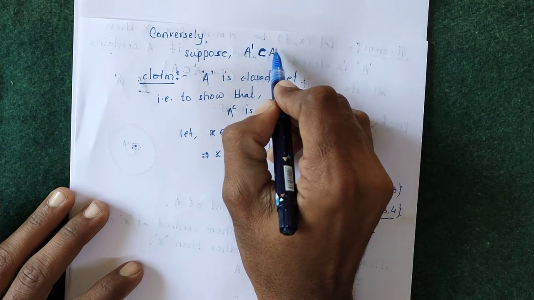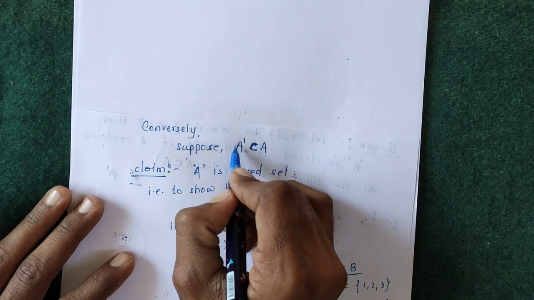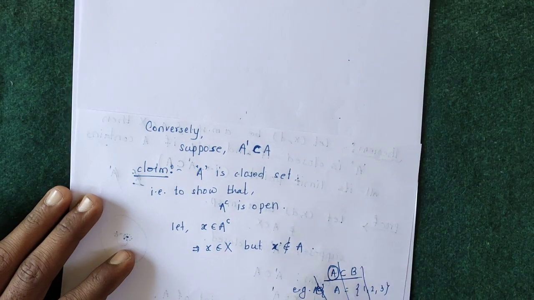So if your element is not in the set A, then that element is again not in A. This is just a particular example.